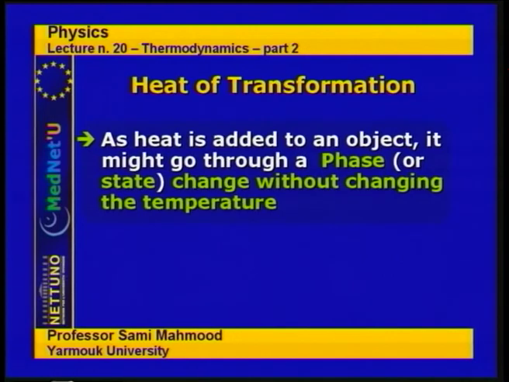And now we talk about the heat of transformation. As the object interacts with the environment, it might go through a phase change or a state change as it absorbs heat, as it exchanges heat with the environment.